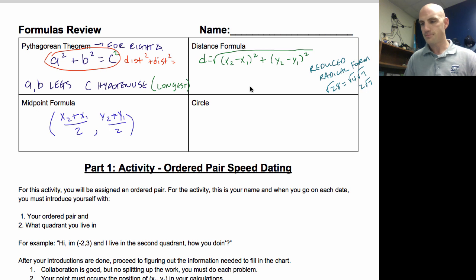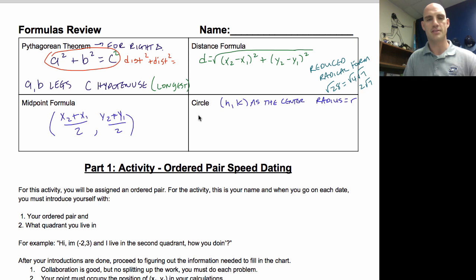In a circle, we're going to have h comma k as the center, so we're in the coordinate plane, and a radius equal to r.